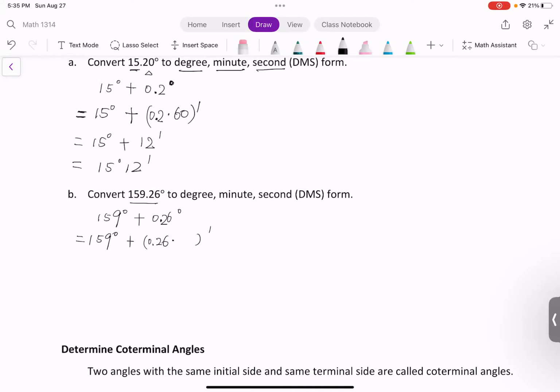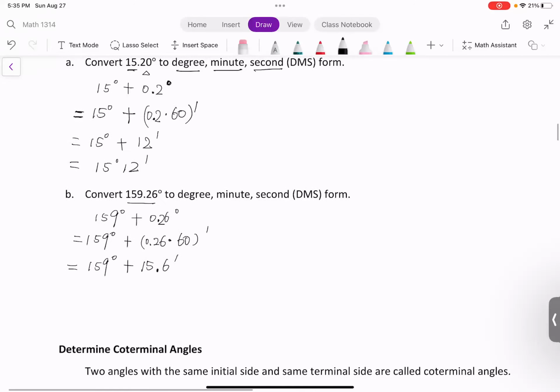Or divided by what? Multiply by 60. 159 degrees plus, I must use my calculator, 0.26 times 60. I have 15.6 minutes.